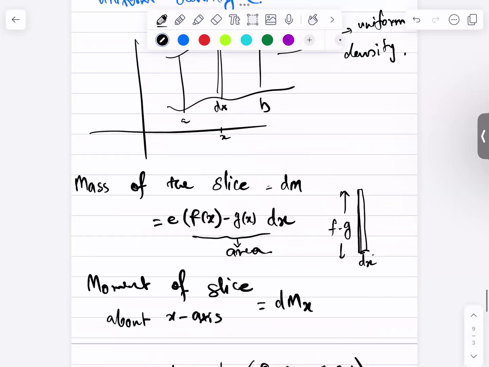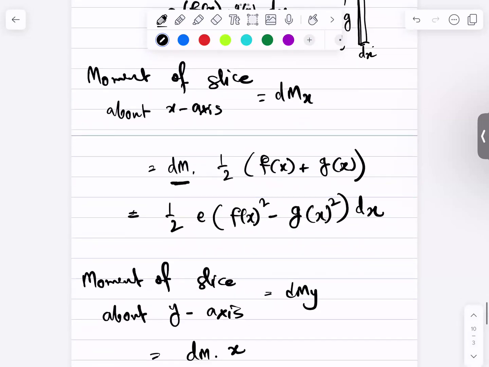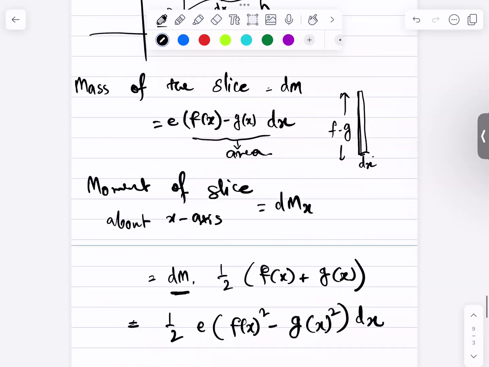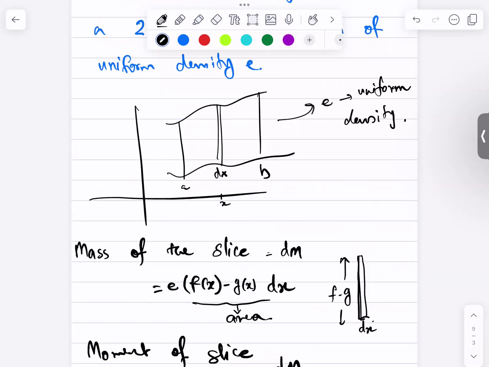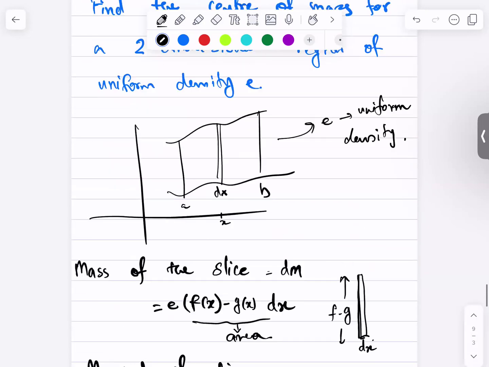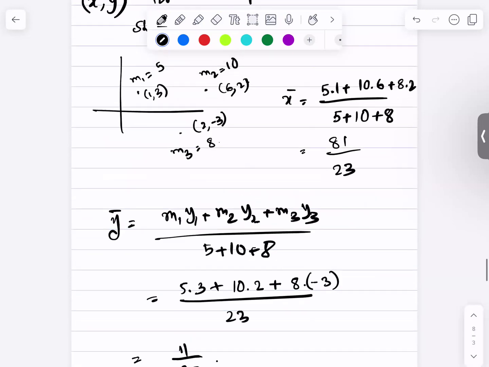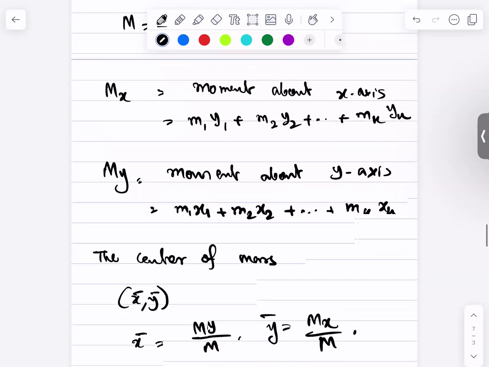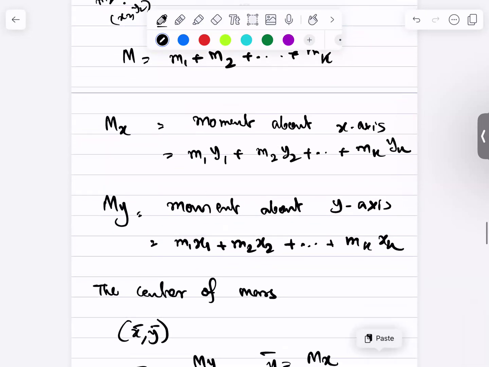It's about the y-axis, so that should be x, right? Because when you consider about the x-axis, this direction, then remember the formulas are kind of odd. So you need to consider y just for consistency. When you consider moments about the x-axis in the previous type of problem, you consider m1 times y1. So see, there is x, there is y1. So there is an opposite kind of relation between them.